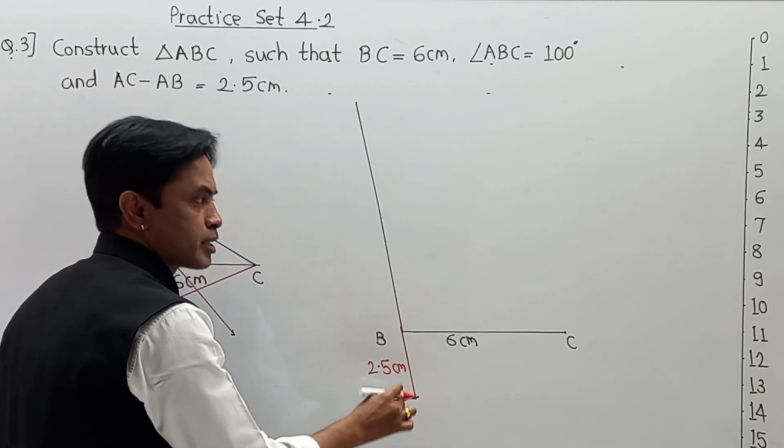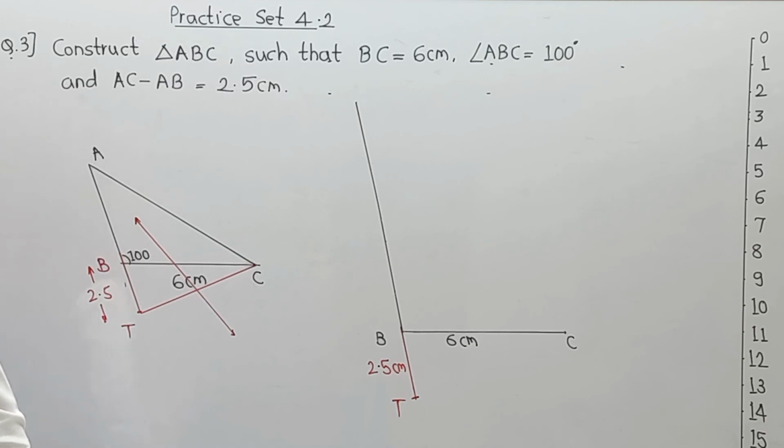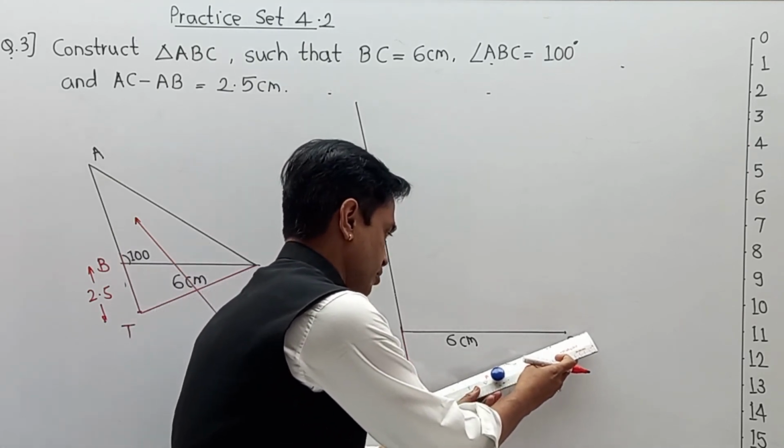Remember, this BT is not a part of your triangle ABC, it is somewhere outside. So taking to the next part, here we are going to join this point T with C over here.